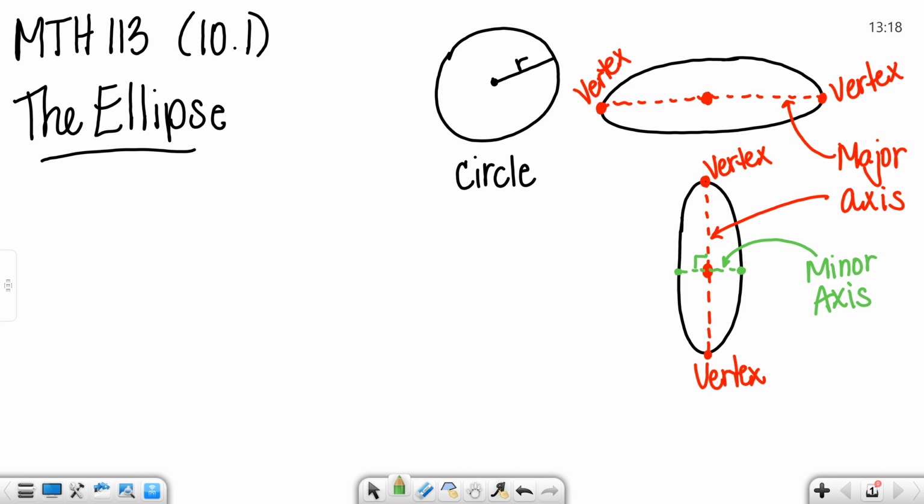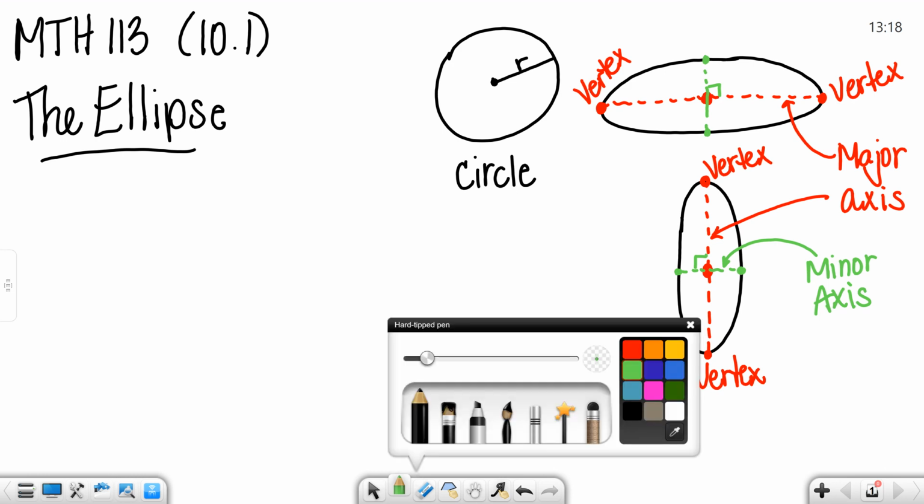All right. The endpoints that are on the ellipse join the minor axis. That's what actually forms that segment. So we would have a minor axis on this one that looks like this. Notice the major and the minor axis are always perpendicular to each other.